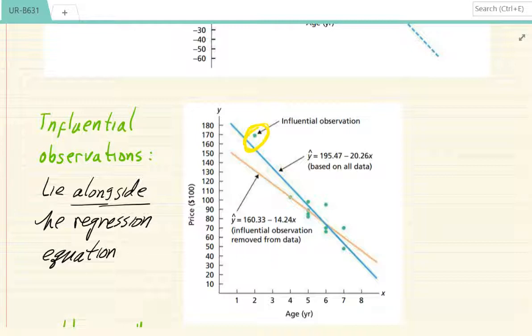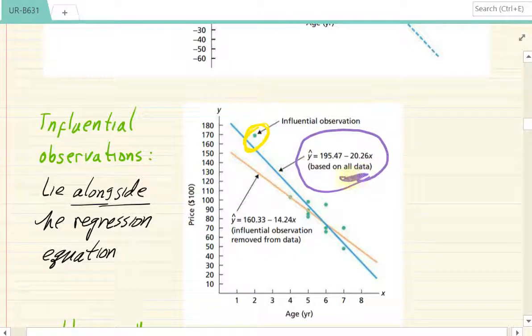So with this particular data set, you're going to see two separate fits. One is based on all data, so there are no omissions, nothing. So this is the regression line. Okay, that's this one.